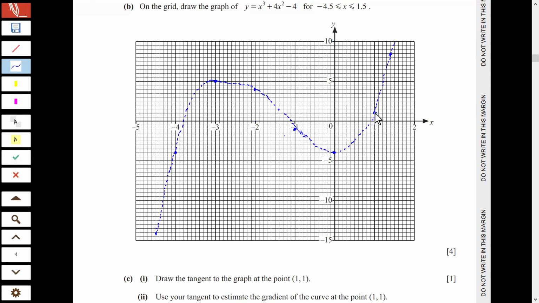So when x is 1, y is 1, at this point, you're expected to draw a tangent to touch the curve. So let's assume we have a tangent somewhere around here. Let's say, for instance, this is the tangent, touching the curve at point (1, 1).